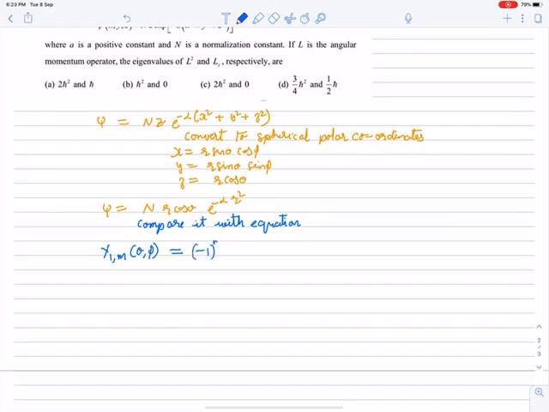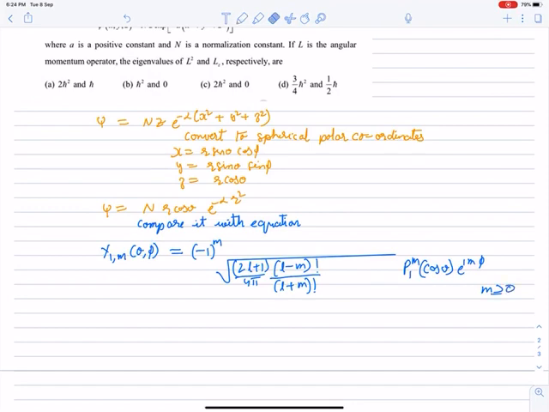So your formula is minus 1 to the power m, square root of (2l plus 1) upon 4 pi, (l minus m) factorial upon (l plus m) factorial, times P l m (cos theta) e to the i m phi, where m is greater than or equal to 0.